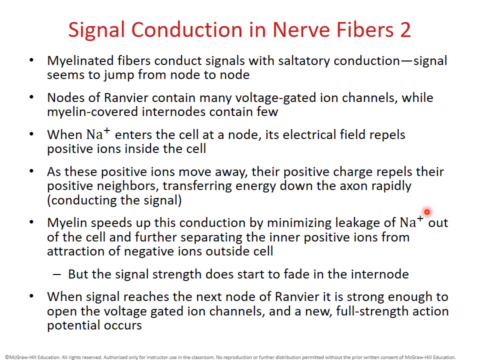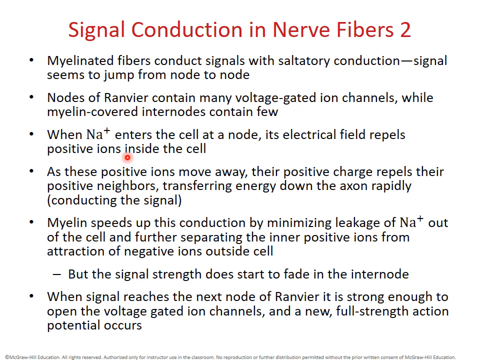They can't leak out of the cell because the adjacent regions to the node of Ranvier are covered with the myelin sheath. So not only does the myelin sheath prevent ions from coming in, it also prevents ions from leaking out. It also essentially incapacitates the sodium-potassium pump. The sodium-potassium pump cannot pump ions into or out of the cell because of the myelin sheath.